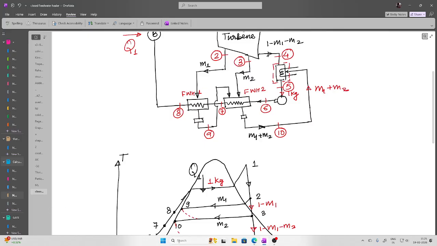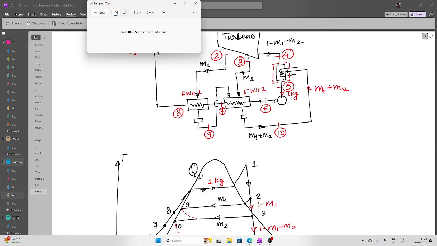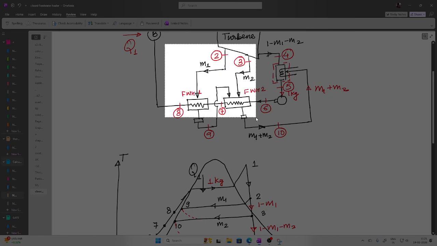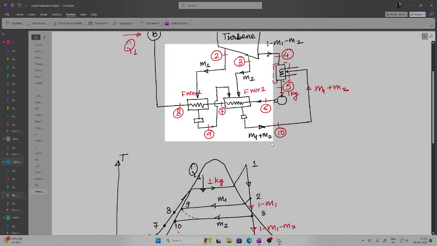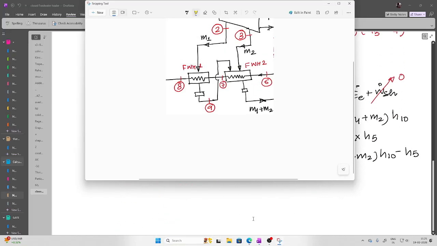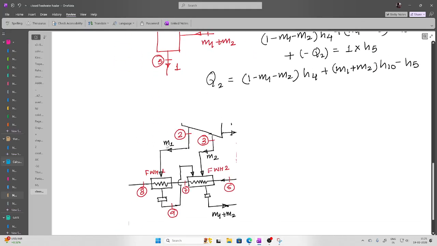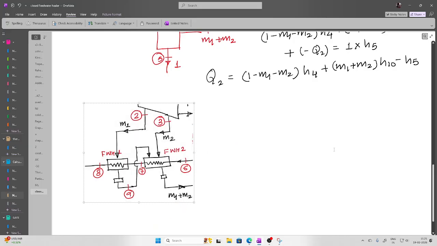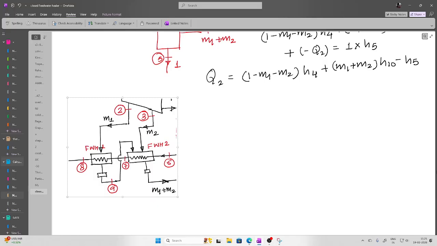So what we'll do is we'll snip this portion and bring this here for our understanding. Now let us do the analysis for feed water heater number 1, this one. So for feed water heater number 1, we will be getting M1.